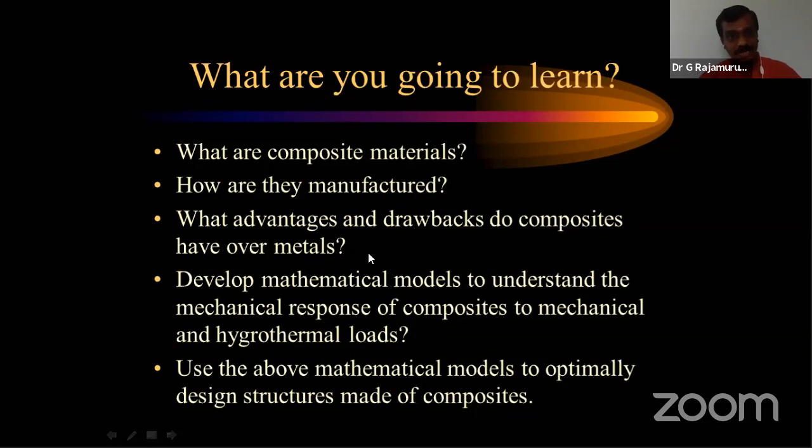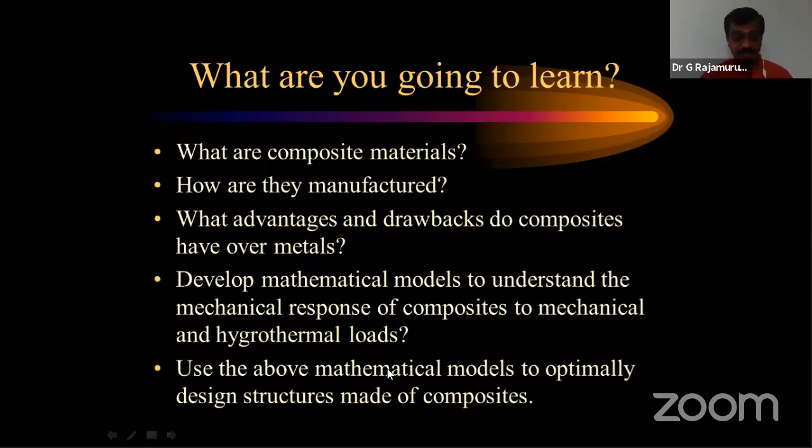In today's lecture, we are going to discuss what a composite material is and how it is manufactured with different techniques, and what the advantages are. Composites may also have some drawbacks, so how can I overcome the drawbacks of this composite material?